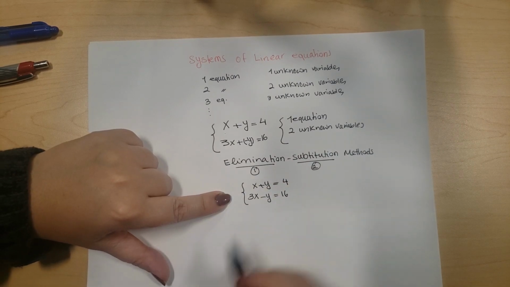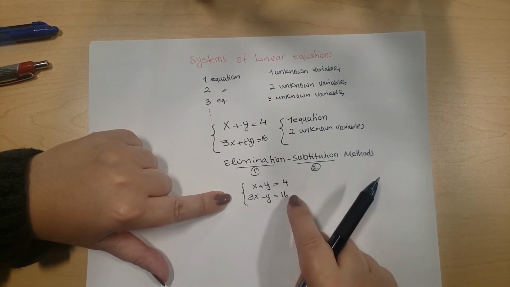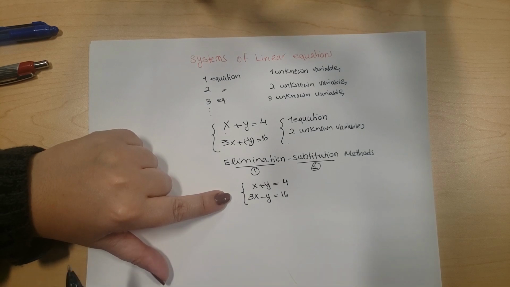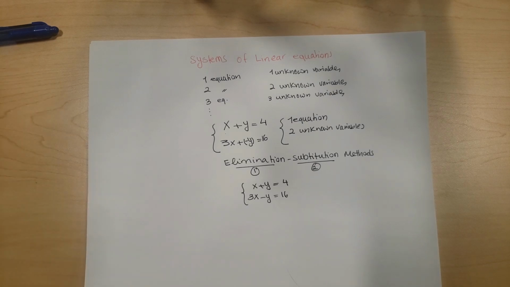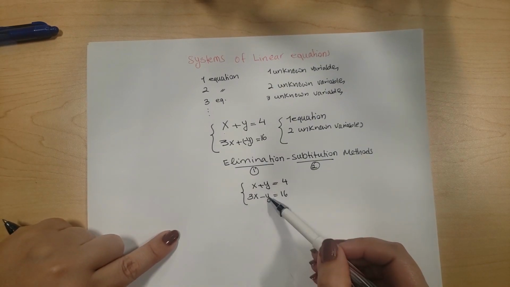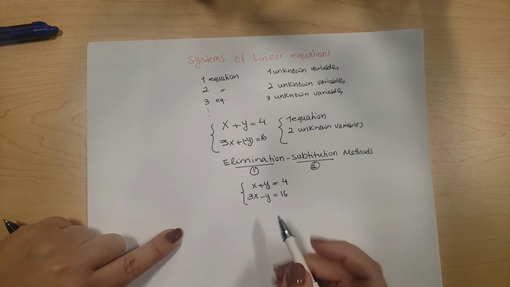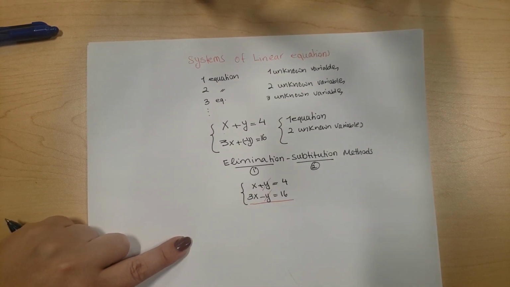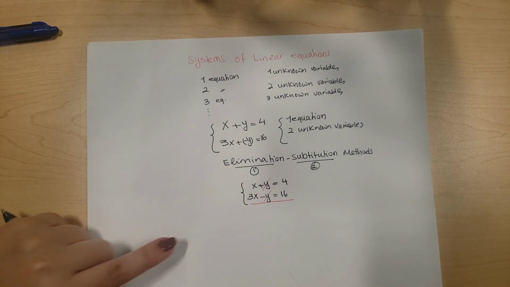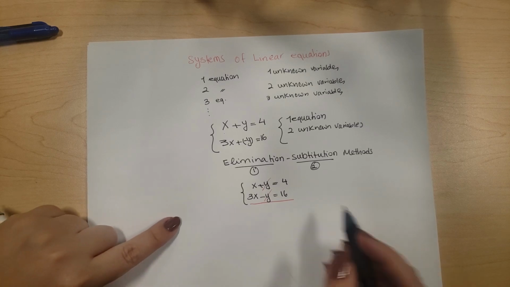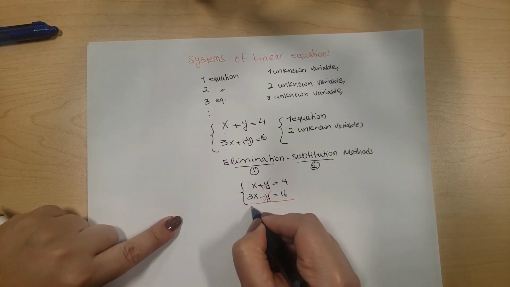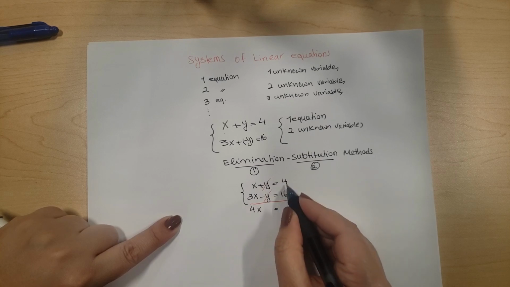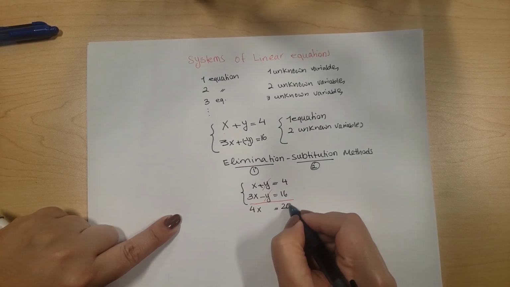A system of linear equations: equation number 1, equation number 2, and two unknown variables, x and y. Here, if I add these two equations together, y and negative y will cancel out because they are equal and opposite in sign. So what I'm left with is x plus 3x, which is 4x, equals 4 plus 16, which is 20.